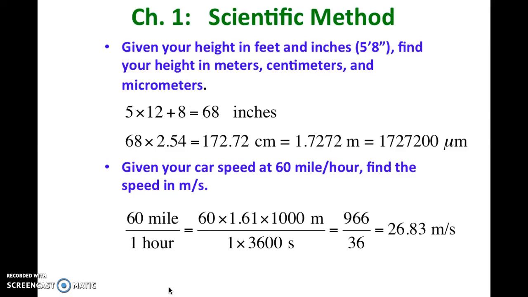The third example is to convert a car speed of 60 miles per hour to how many meters per second. First, we change miles to meters. Then we change hours to seconds, then divide. So multiplying the factors 1.61 and 1000, we change 60 miles to 96,600 meters.